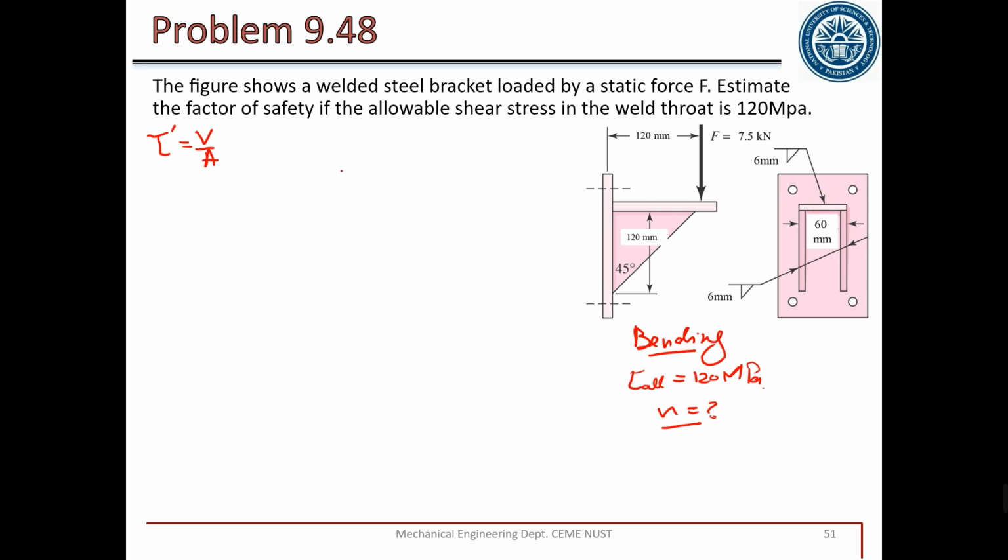Multiplying 300 with the throat, area is equal to 0.707 h times 300, and V is 7500, times 10 power minus 3 because the units are millimeter. So tau prime is 5.892 MPa.